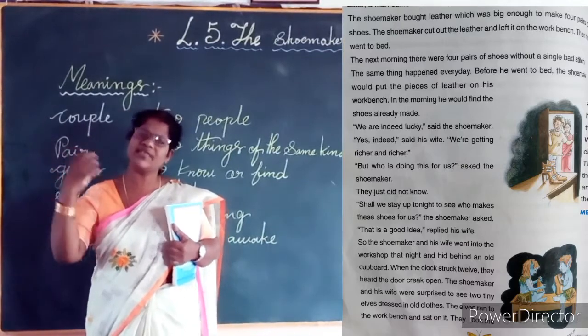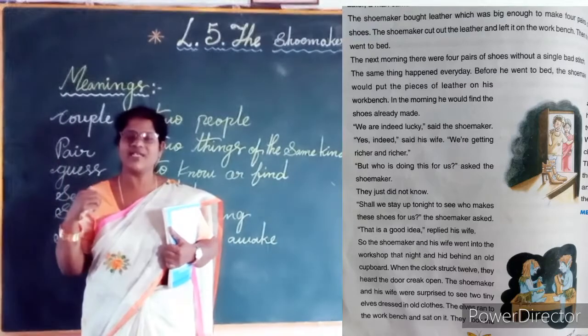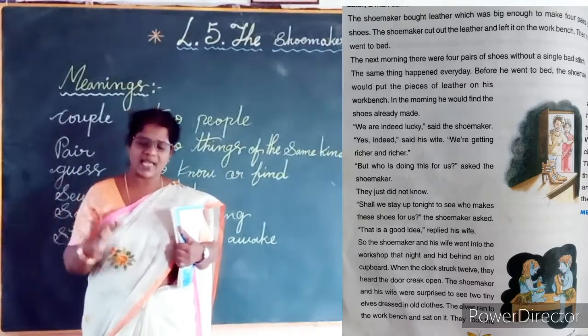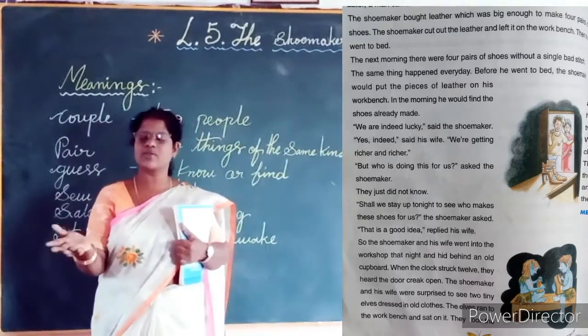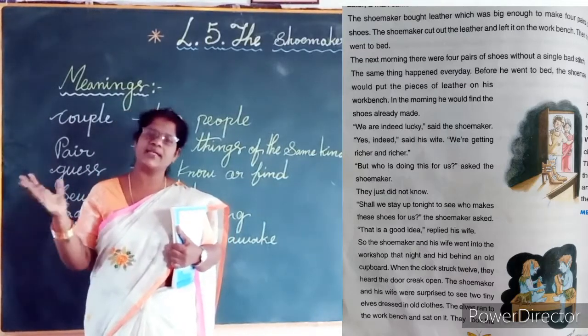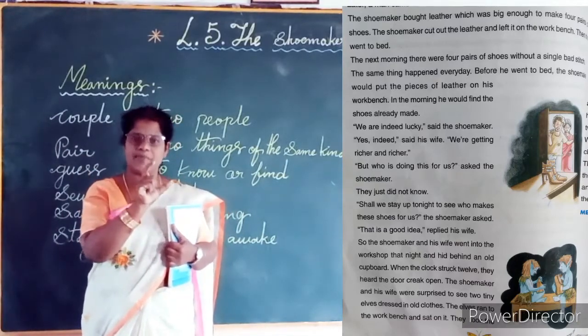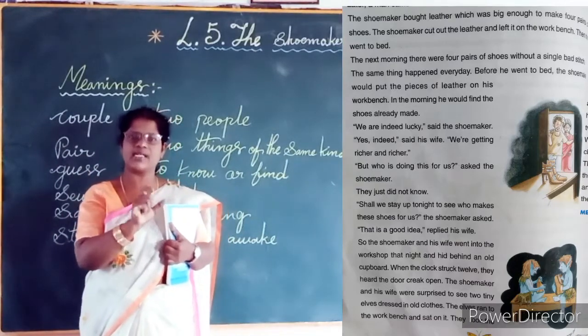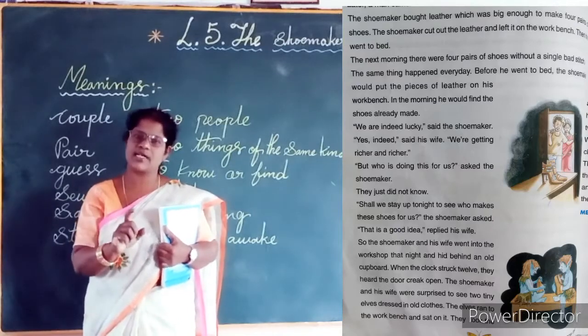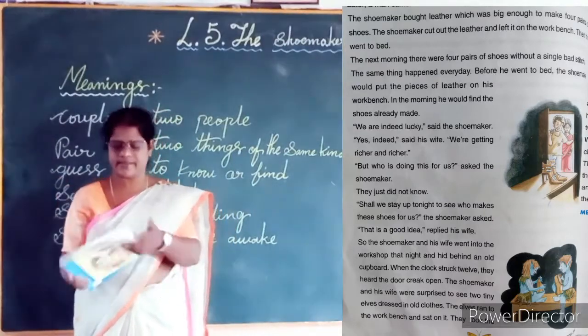No one can get this type of luck, we will think like that. Like that, the shoemaker is also thinking, indeed we are very lucky. And the same thing is said by his wife also: yes, we are indeed the luckiest persons.